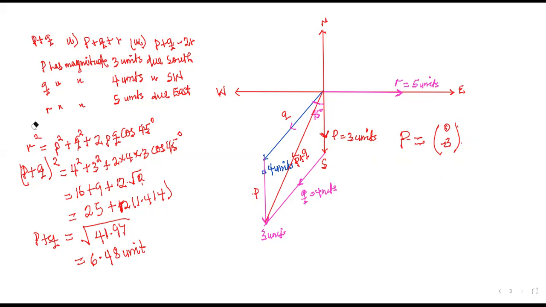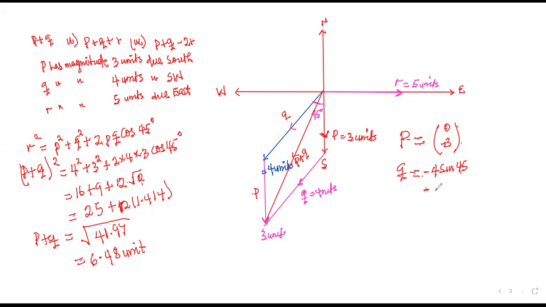What's the magnitude of Q? Q is 4. So 4 sine 45, and in this position both x and y are negative.